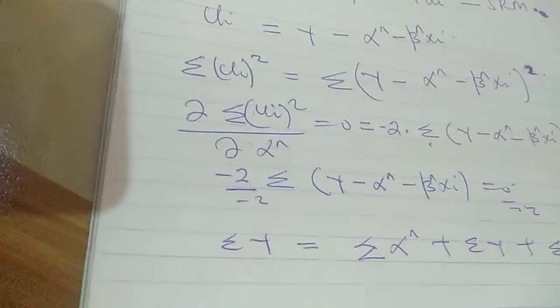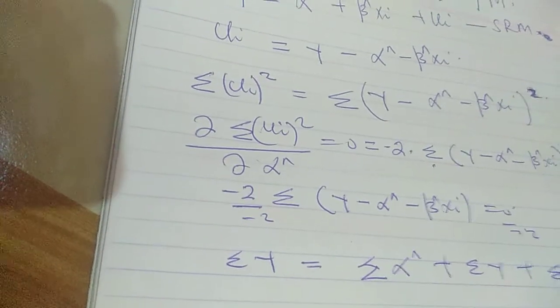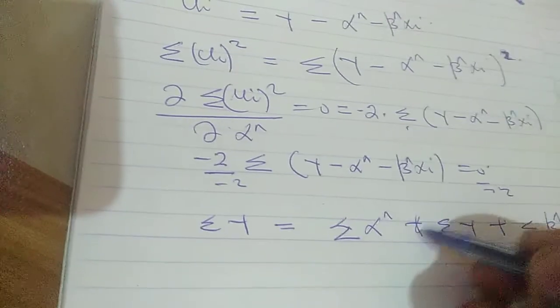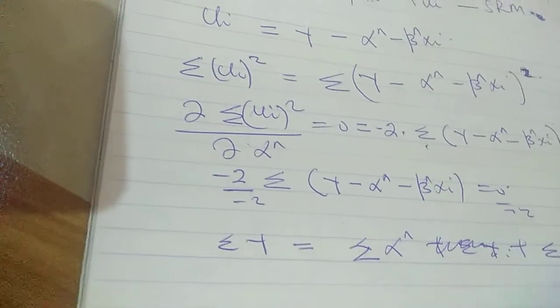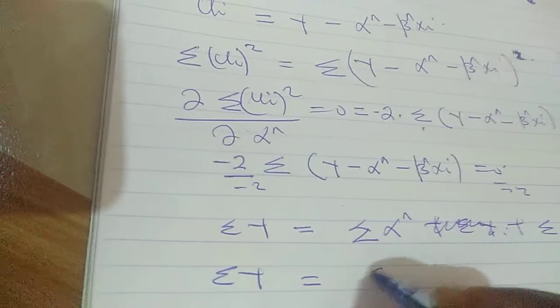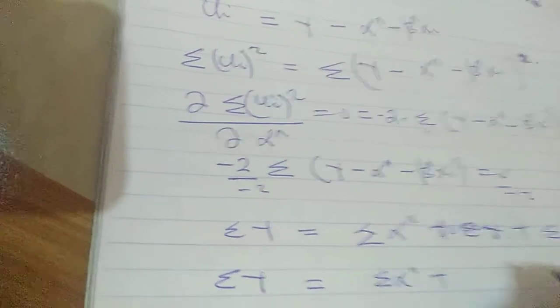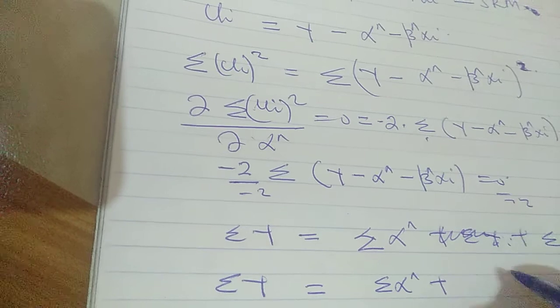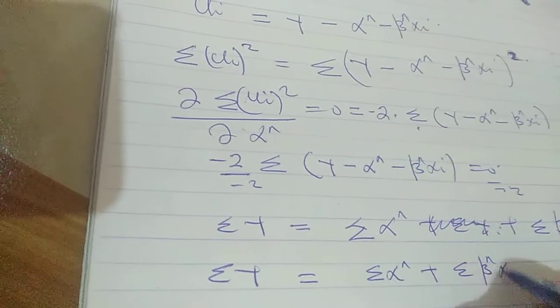Sorry, I did the opposite at first, but this one is not there for those who have been following. So this is the sum y, which is equal to the sum alpha hat plus the sum beta hat xi.